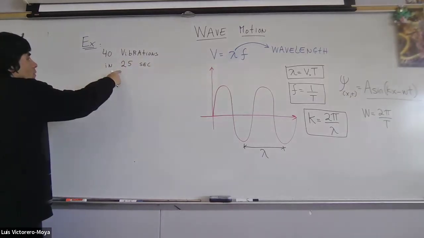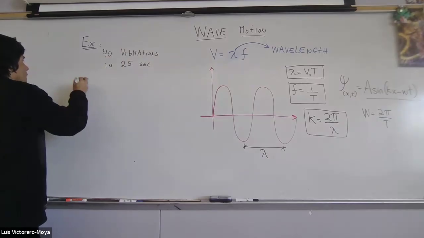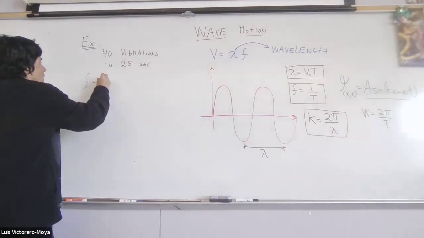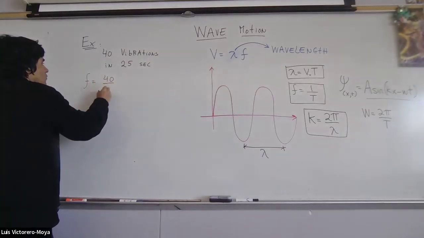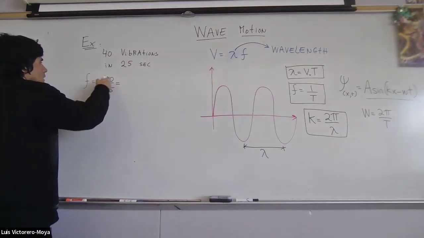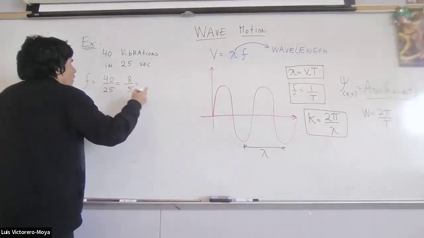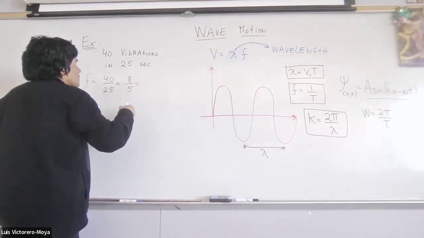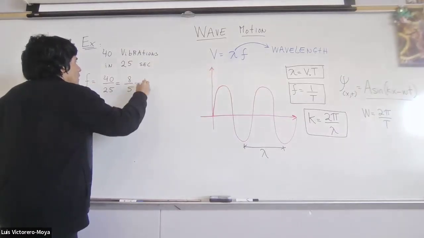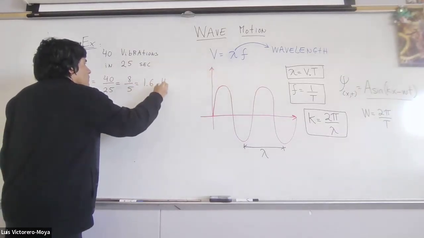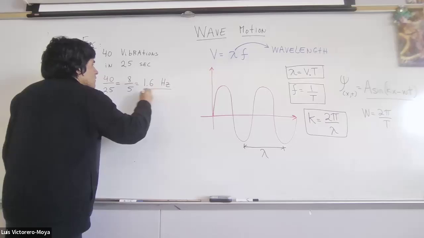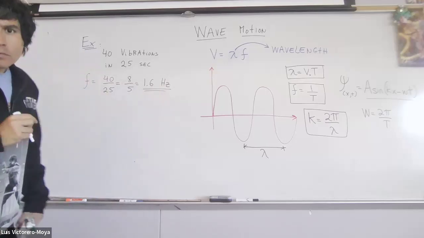You know why they give you that? Because you can get a frequency. Your frequency is the number of oscillations per second, or vibrations per second. So 40 over 25. Divide by 5, that is 8 over 5, 1.6 hertz. That's the first piece of information.